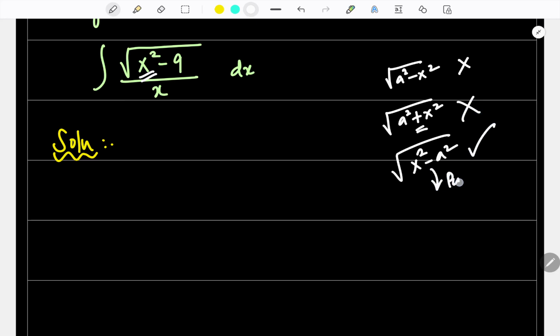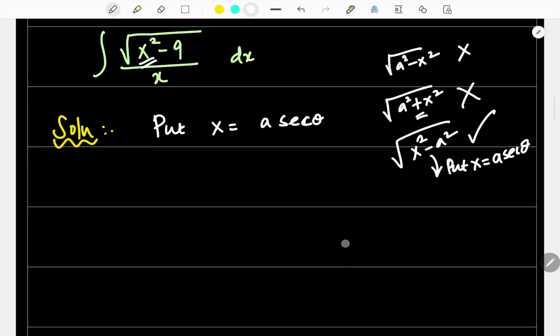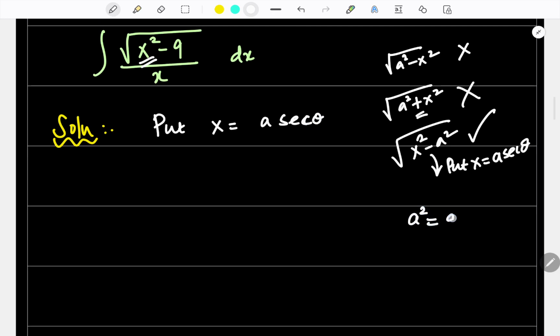So for this one, what is the substitution? Put x is equal to what? A secant theta. Clear all of you? Right. So let's start. Put x is equal to a secant theta. What is your a? A square is 9. So a is equal to how much? 3. So put x is equal to 3 secant theta. So what's your dx by d theta? 3.